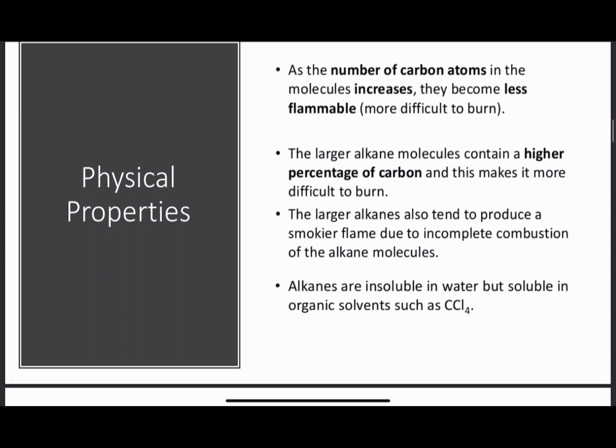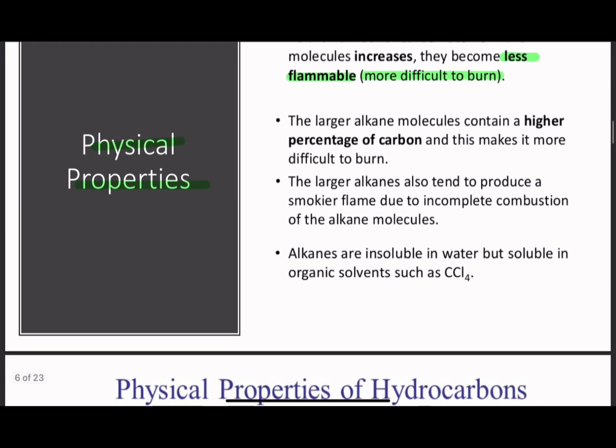So this is a bit of a summary of physical properties. As the number of carbon atoms in a molecule increases, they become less flammable, more difficult to burn. This is one more criterion you need to learn. The larger alkane molecules contain a higher percentage of carbon, and this makes them more difficult to burn.